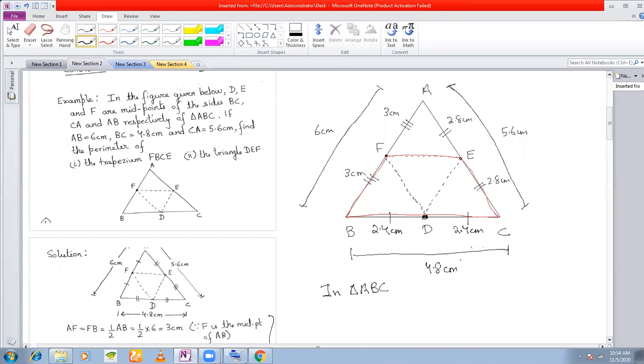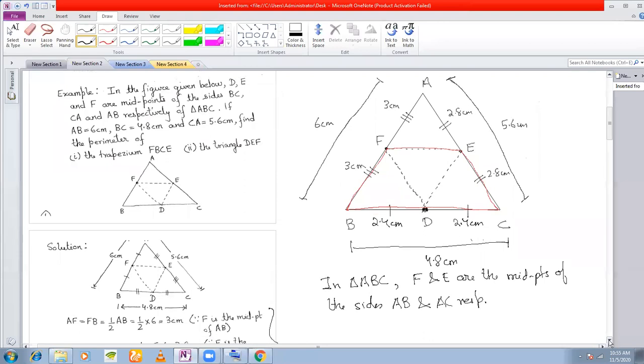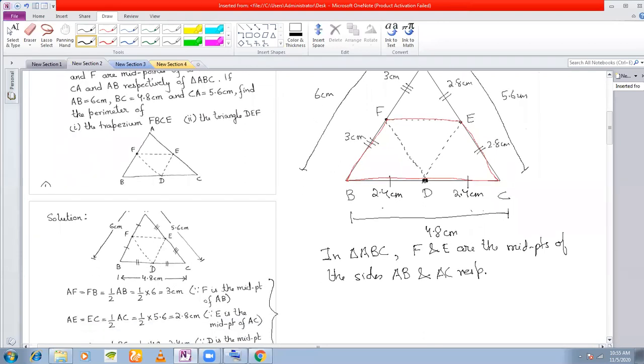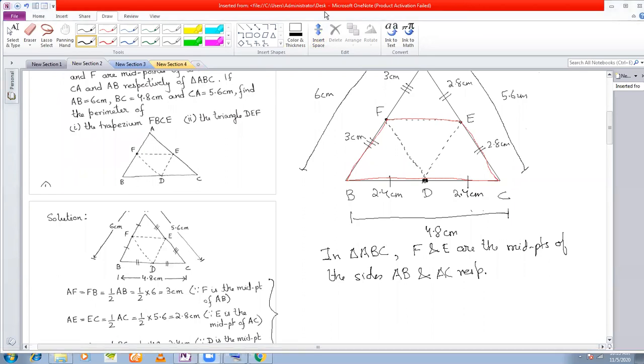So in triangle ABC, F and E are the midpoints of the sides AB and AC respectively. Therefore, what can you say?